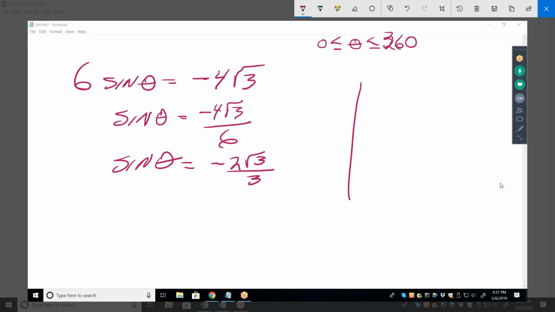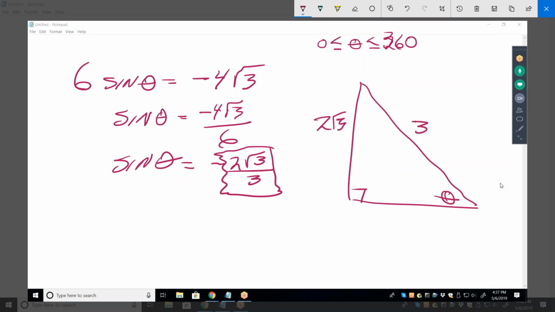So what they're saying is the opposite side is 2 root 3, and the hypotenuse is 3. What would that make this bottom side? This bottom side would be 9 minus... there's the problem right there.